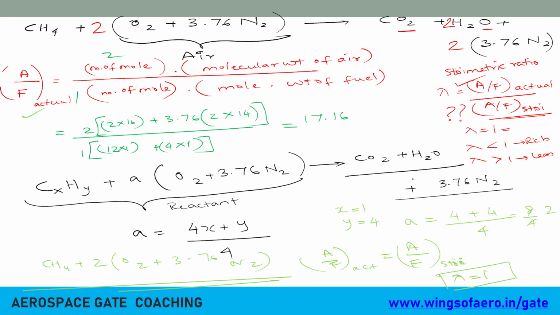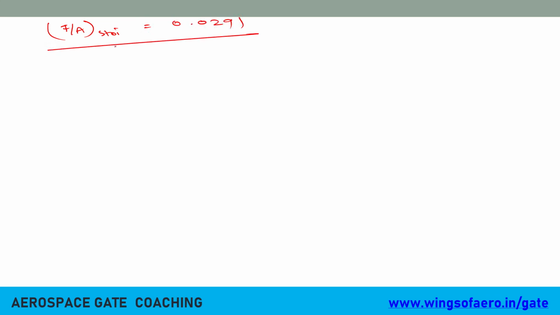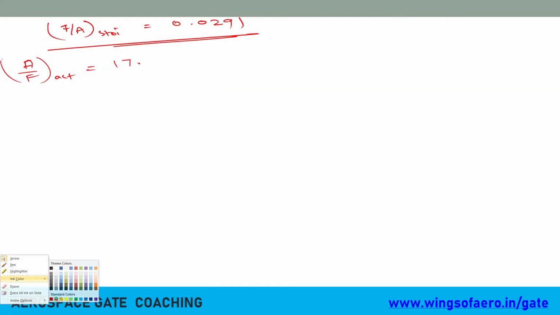Now let's take another example with the same equation, and they have given the fuel to air stoichiometric as 0.0291. Previously you got the actual air to fuel ratio of around 17.16.